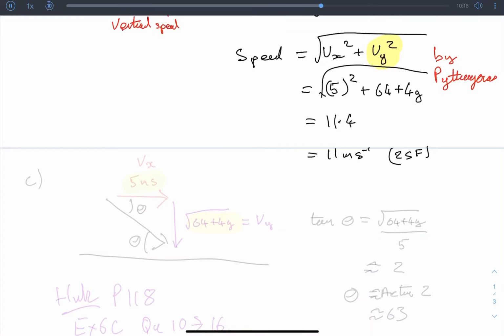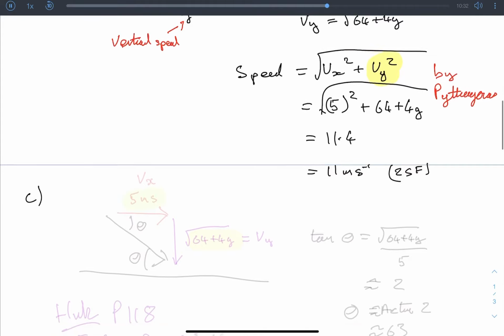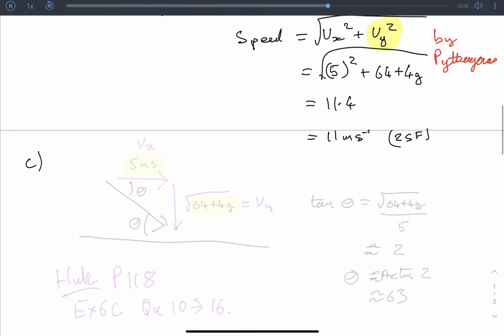Okay, part C. The angle that the velocity of the ball makes with the ground as the ball reaches B. So, we want a little diagram, and it's probably best to go back to the components rather than use the speed which has been rounded. We'll get a more accurate answer.